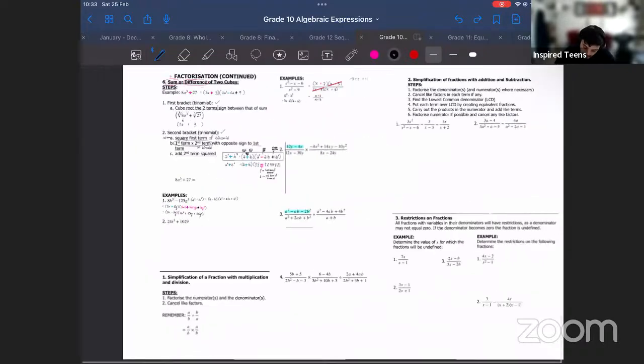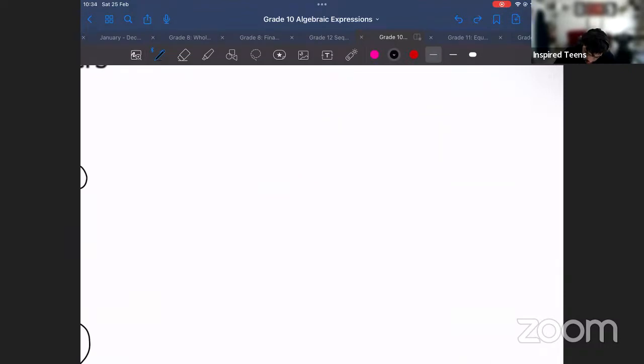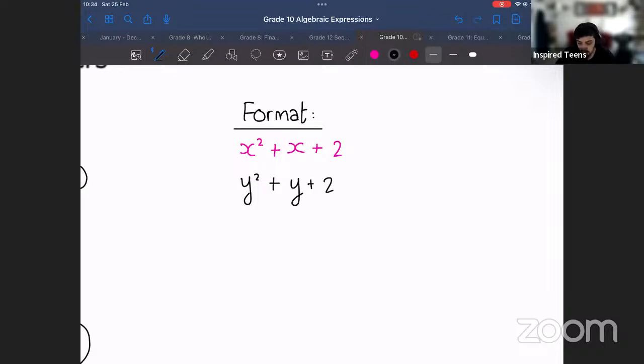Let's quickly add this to trinomials. What is the format of a trinomial? We have an x squared with a coefficient, plus or minus an x, plus or minus a constant number. We could have a y squared plus a y plus or minus a constant number.